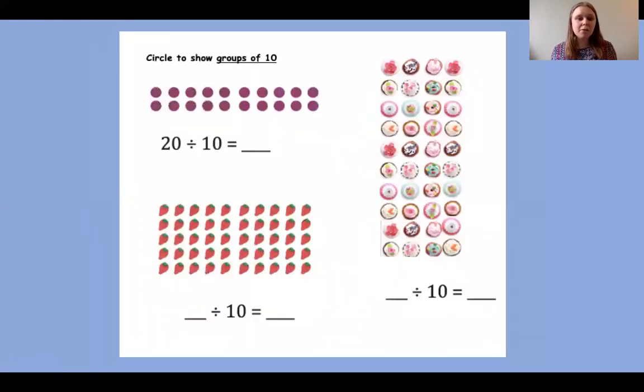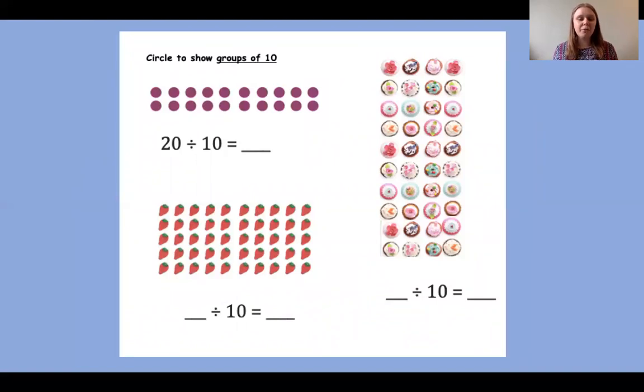And then your last one is to circle groups of 10. Okay, dividing by 10 at a time to tell me what your division sentence is. Okay, so pause the video and have a go at that. Make sure you're really clear in circling your groups and then filling out those number sentences for division. Once you've done that, we will then go through the answers. So make sure you've paused the video.